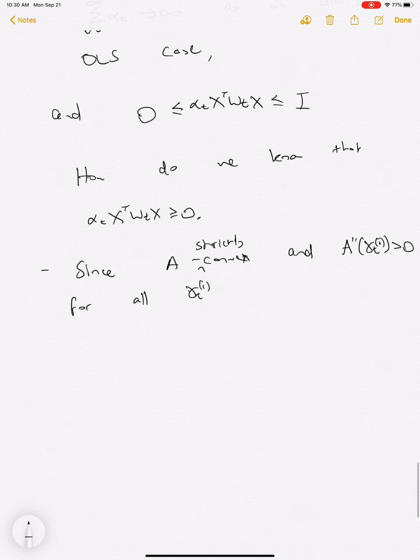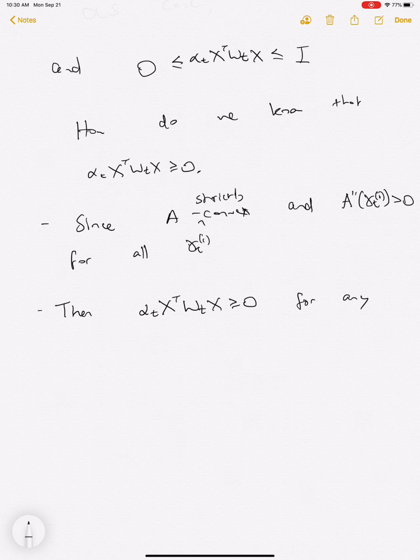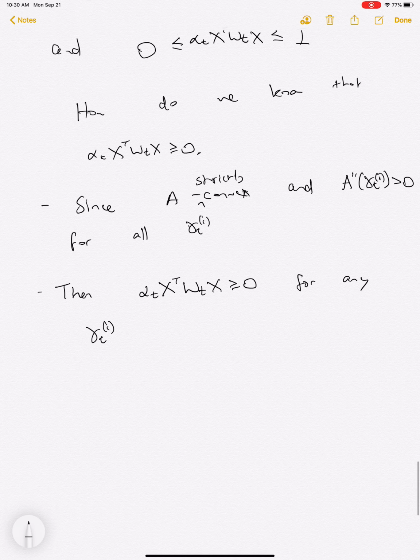Then that means that for any gamma_ti, and so therefore this is why strict convexity is really important here.